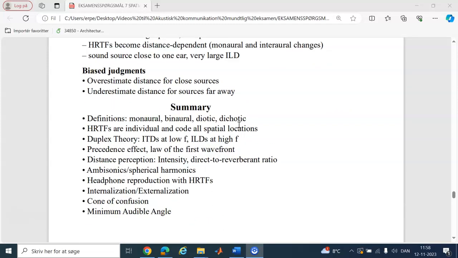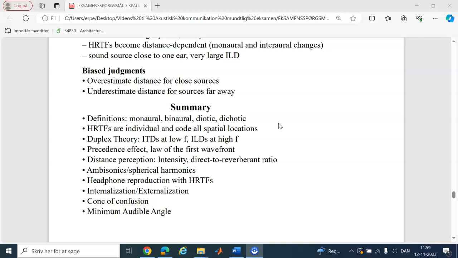Summary. Definitions: monaural, binaural, dichotic. HRTFs are integral and code all spatial locations. Duplex theory: ITD at low frequency, ILD at high frequency, as before. Precedence effect: law of the first wavefront.